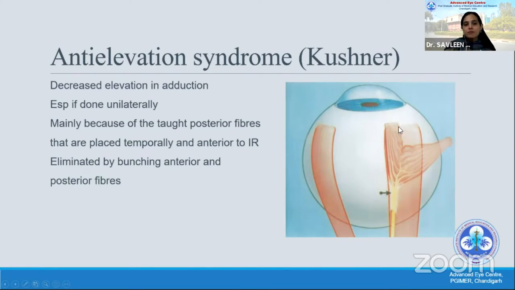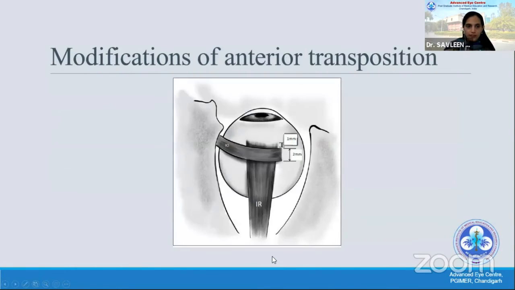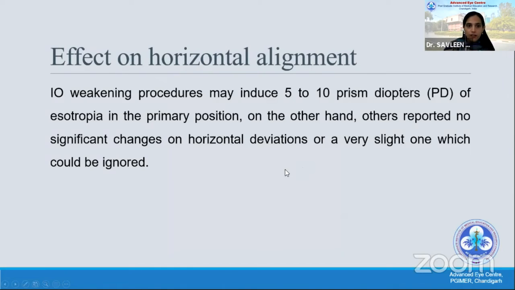So he described that this bunching effect of anterior and posterior fibers could eliminate it, and also not putting the inferior oblique ahead of the inferior rectus could deal with this anti-elevation abnormality. Many modifications of anterior transposition have been described, where the inferior oblique is put parallel to the insertion of the inferior rectus, or perpendicular to the insertion, which I'm sure sir would be covering in his talk.